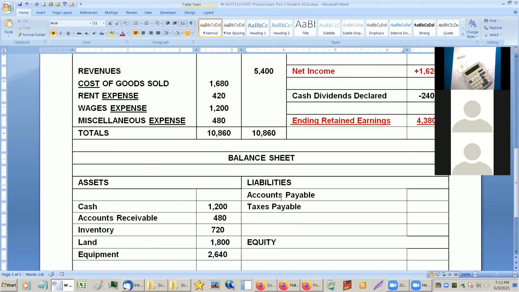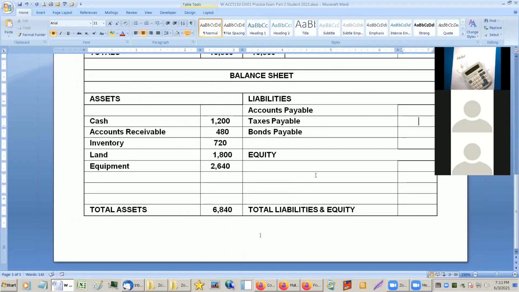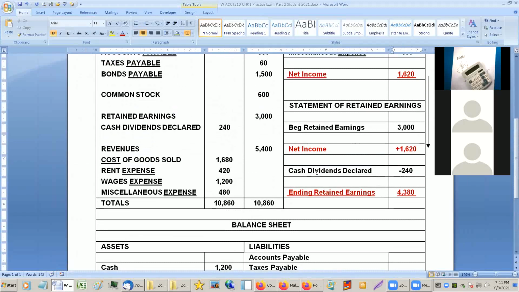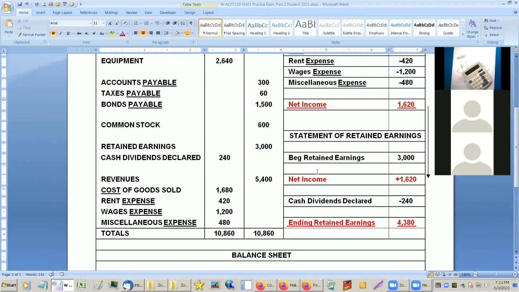Bonds payable, we haven't talked about bonds. They are payable, and they're a liability, but we didn't talk about those. Talk about those in a minute.